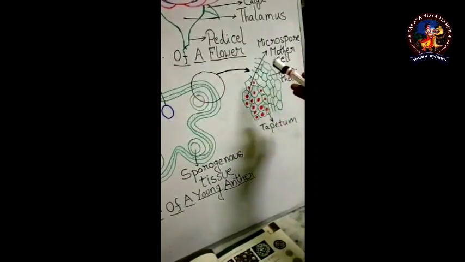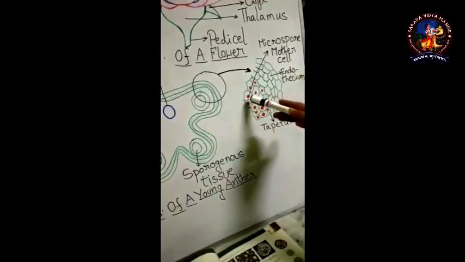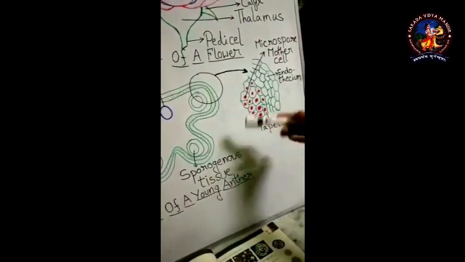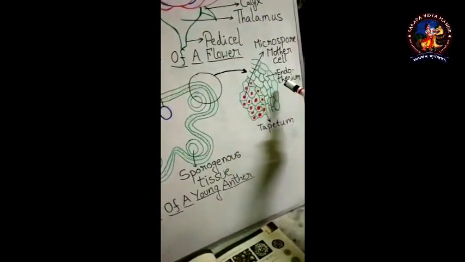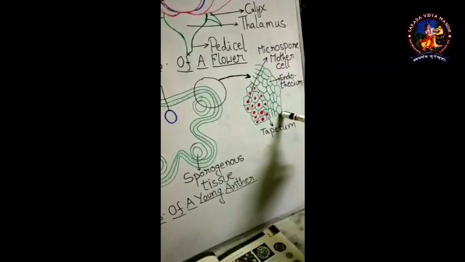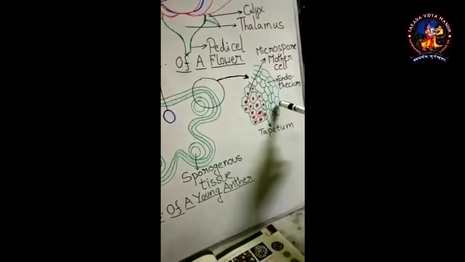But before that, we have to know all the other layers of this sporogenous tissue which is present in the anther of a male flower, the male part of the flower.